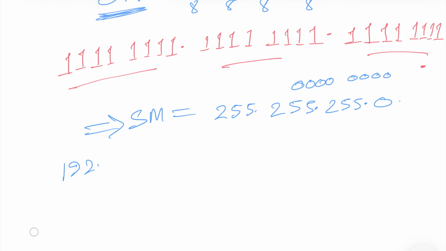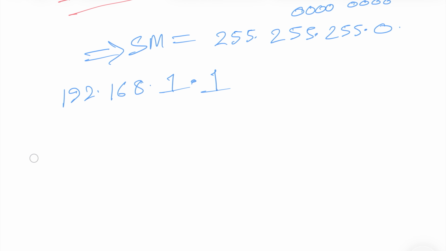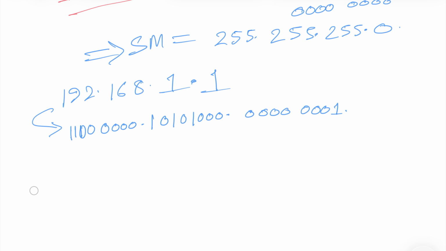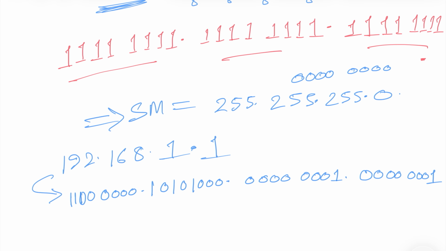If it is 192.168.1.1, this is your IP address, and again you convert this to binary. Okay, so this is the IP address which I have converted into binary.